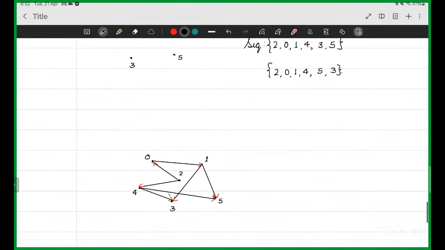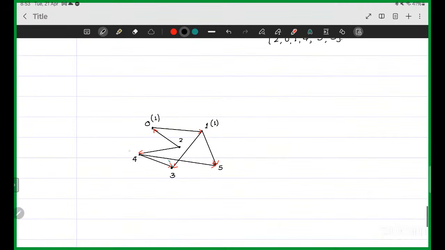Another way to look at this thing is, what is the in degree of the vertex 0? 1. This is 1. This is also 1. This is also 1. This is 0. This is 2. This is 2. Right. So what is written in the brackets is the in degree of the vertex.